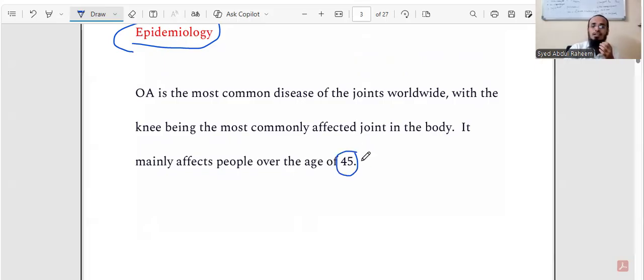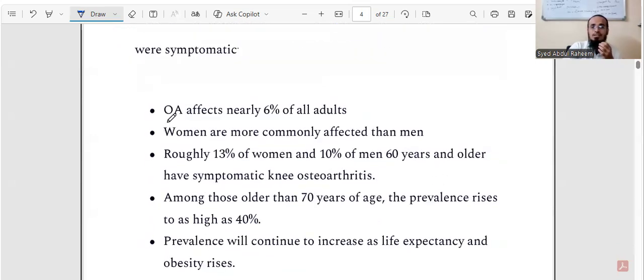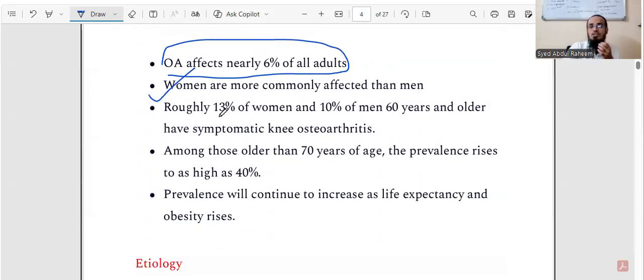A certain age is the degenerative stage. So in electrohomeopathy also, we have degenerative diseases. We will give remedies to delay the process or improve the condition of the patient. Overall, 6% of adults are affected, and mostly women are affected. Mostly 30% are women and 10% are men.